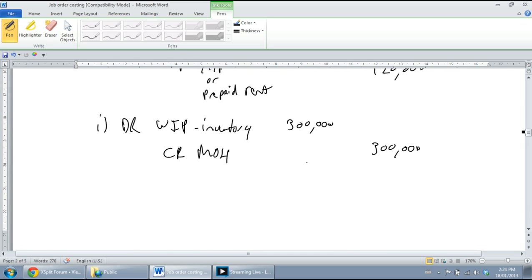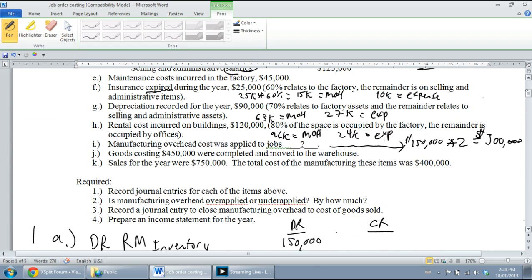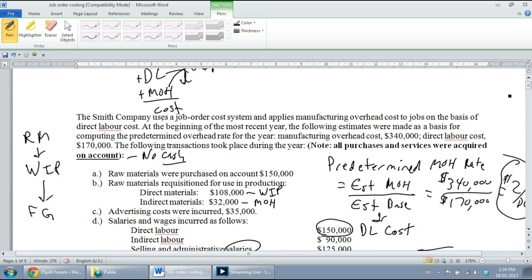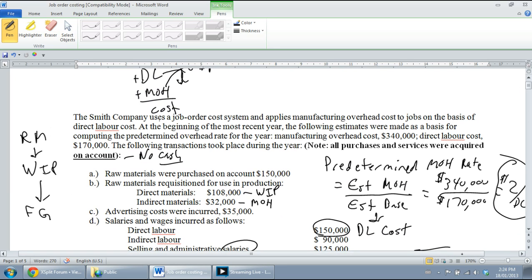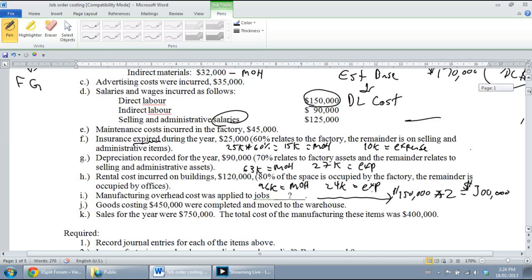It's kind of 2 steps. You're always going to debit WIP, credit MOH. You've got to figure out how much, and to figure out how much, you use that predetermined overhead rate. So we said for every dollar I spend on direct labor, I expect to spend $2 on overhead. We actually spent $150,000 on direct labor, therefore we estimate we're going to spend $300,000 on MOH.